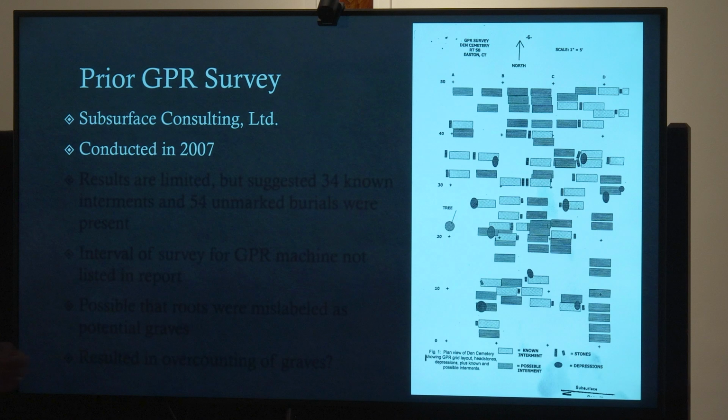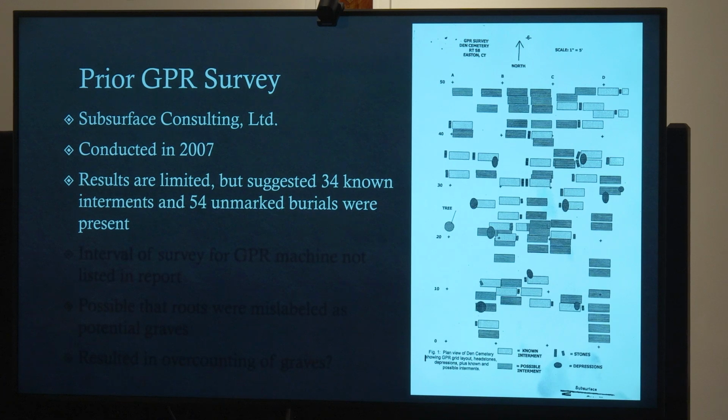Unfortunately, while it looks to be a very extensive survey, their report was only a couple of pages, and so it's difficult to know what the spacing interval was for their survey, which, as you will all learn when I explain how ground penetrating radar works, is really critical to understanding what we see in the ground.